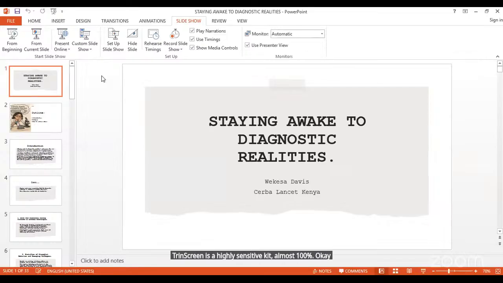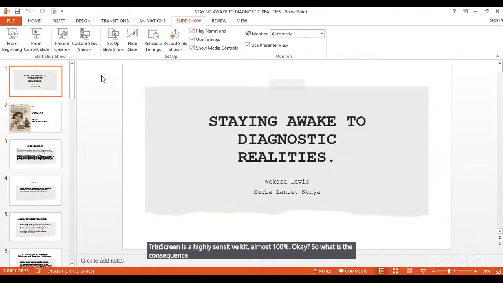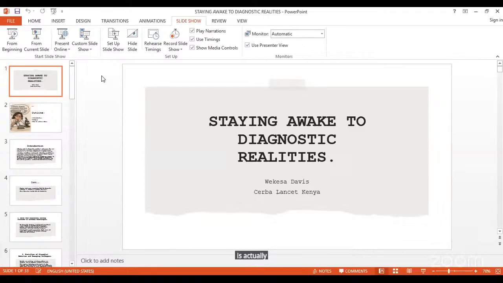So what is the consequence of having a very highly sensitive kit? It's in a position to pick anything and everything that mimics or looks like HIV, or anything that presents like HIV in nature, it can be picked as a positive outcome. So the mere fact that a Trinscreen kit is giving very many positive outcomes, colleagues, it's just doing the job that it has been designed to do.